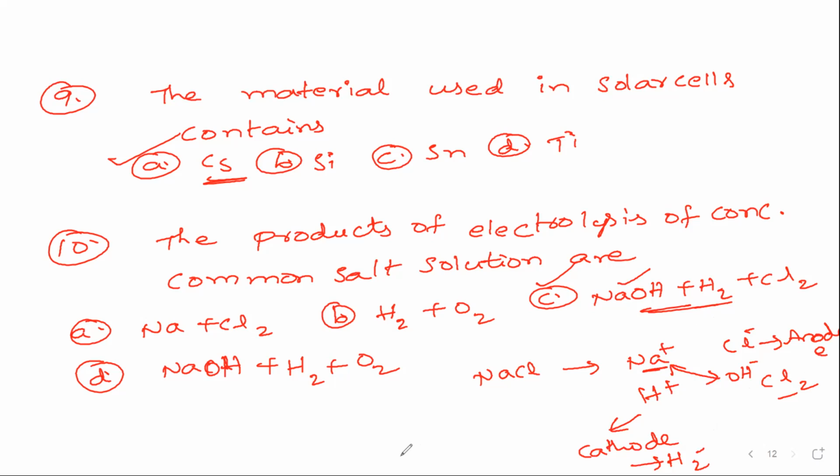So hydrogen gas is formed at the cathode and chlorine gas is formed at the anode. Very, very important question. Next question, question number 11.